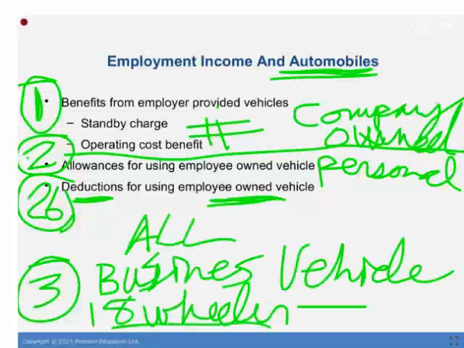Sure, you could drive that to the movie theater, you could drive that to the grocery store, but that's just not something that's on the radar. So those vehicles where it's a very clear purpose would be treated differently.